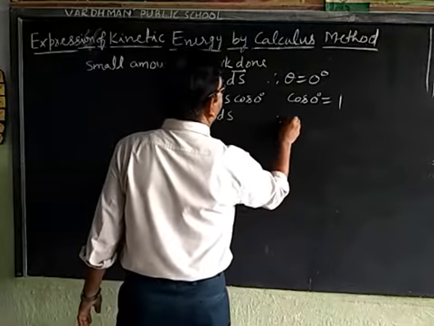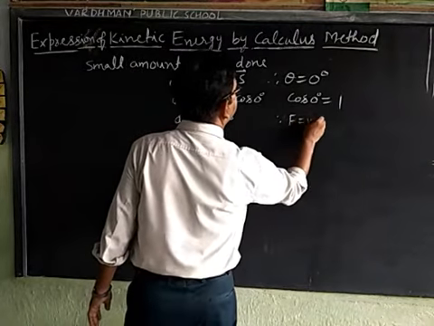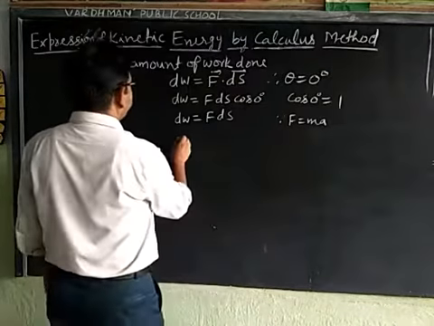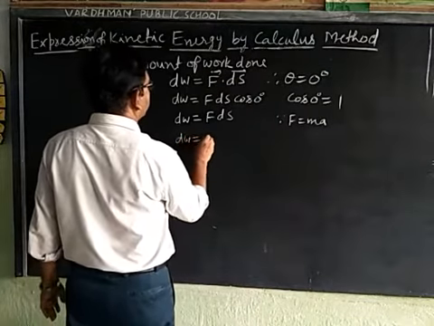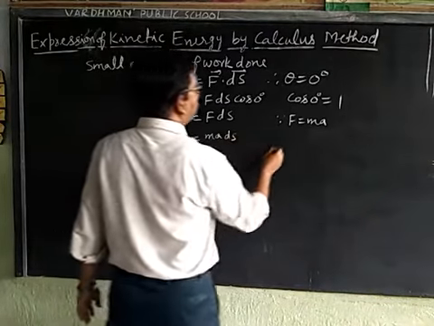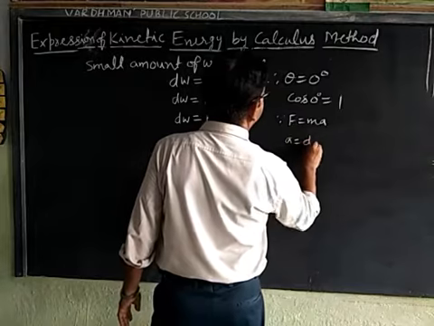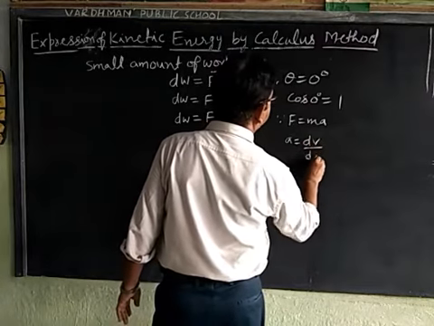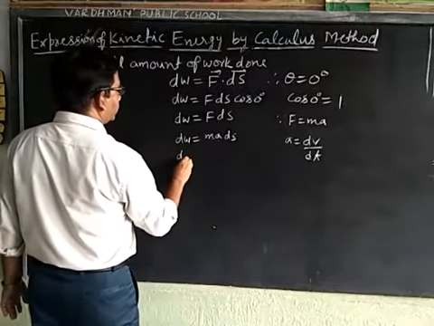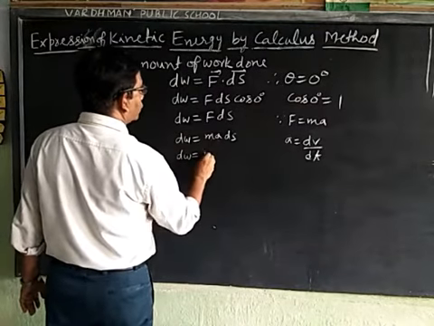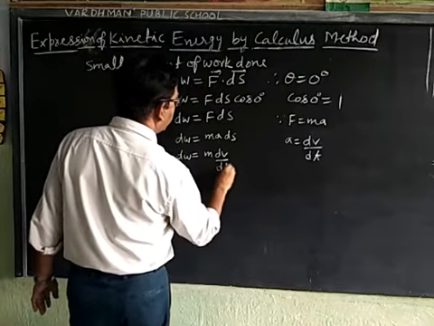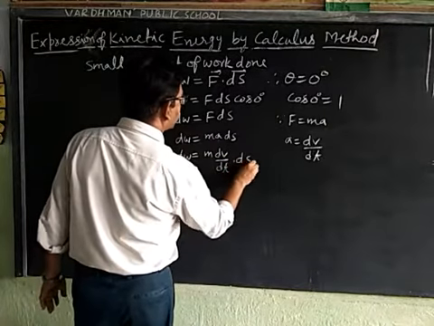Since F is equal to ma, force is equal to mass into acceleration, therefore dW is equal to ma ds. Here a is equal to dv upon dt. Therefore, dW is equal to m dv upon dt into ds.